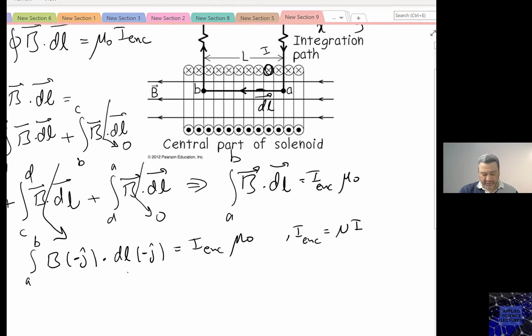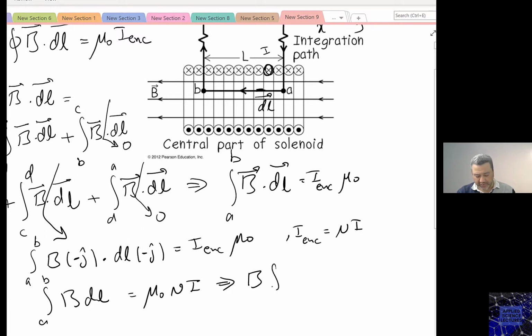The dot product between minus j hat and minus j hat is going to give me the integral of B dl from A to B equals mu naught n I. Now the integral over this differential element is going to give me L. So B can go outside because it's uniform, and now this integral for L from 0 to L of dl equals mu naught n I.